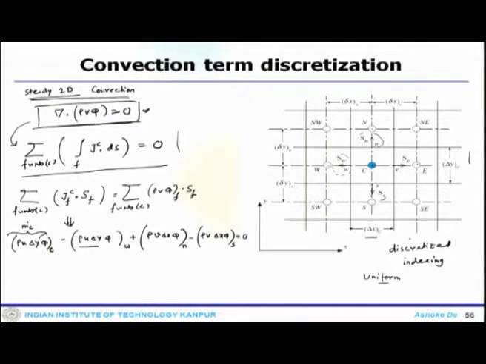Once you expand, this is what you get across those faces: the east face, north face, west face, and south face.